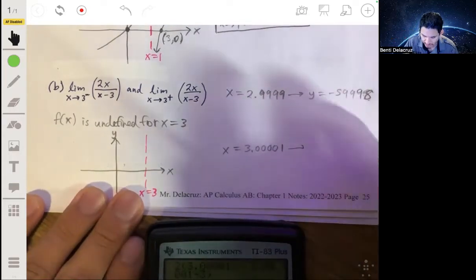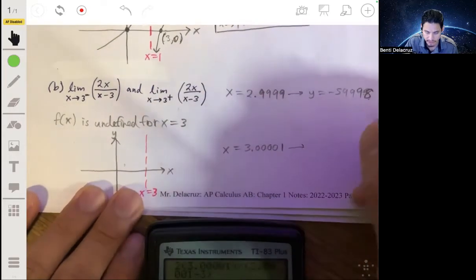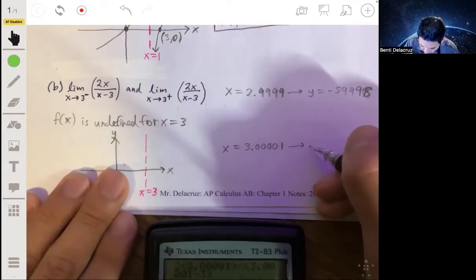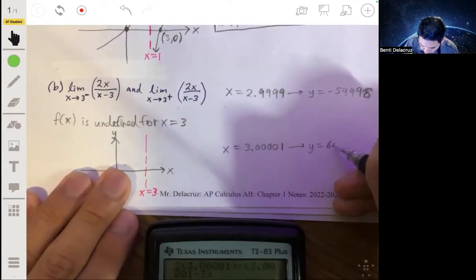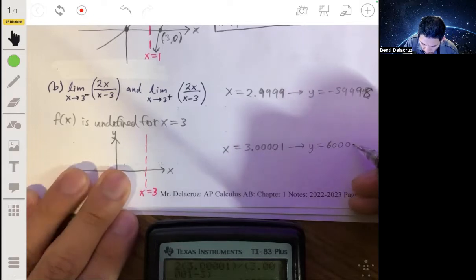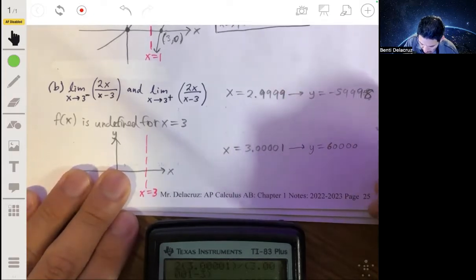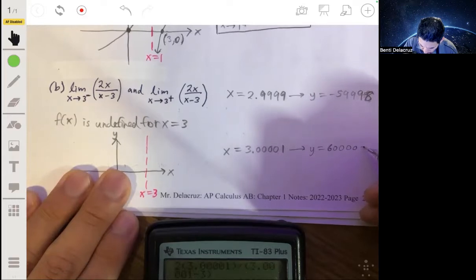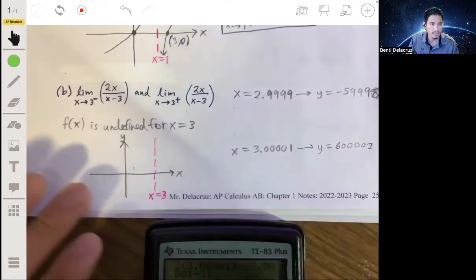Oh, I see. I made this one longer than normal. I was wondering why it was so much bigger, but in any case, we can see that this is going to be approaching infinity from the positive side and negative infinity from the negative side.